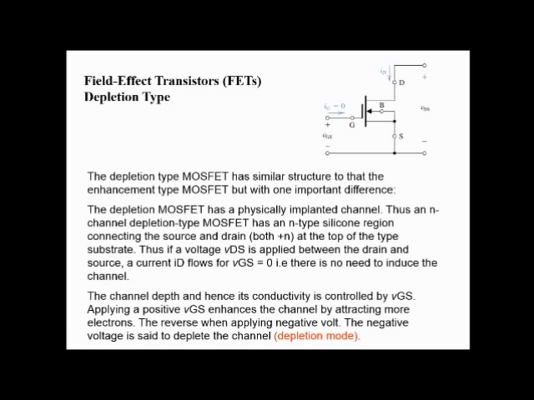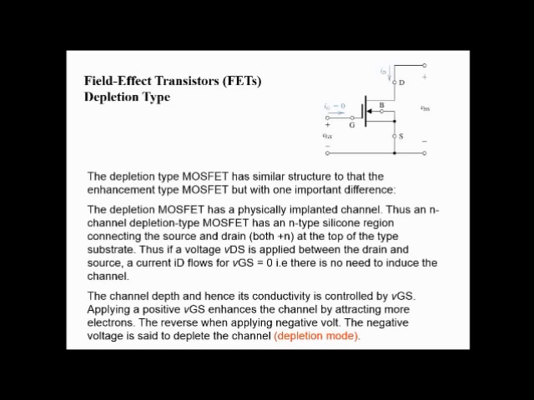Now the depletion type MOSFET has a similar structure to that of the enhancement type MOSFET, but with one important difference. The depletion type MOSFET has a physically implanted channel. Thus an N-channel depletion MOSFET has an N-type silicon region connecting the source and the drain, on a P-type substrate.